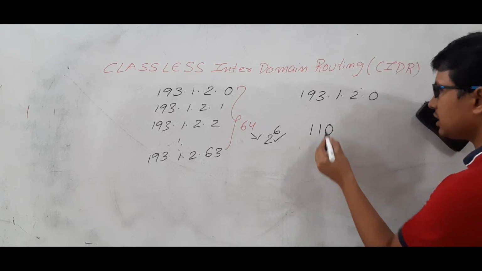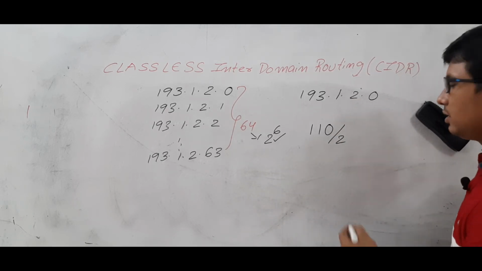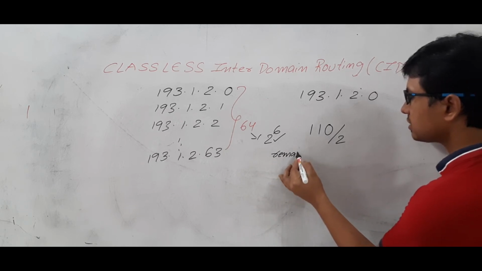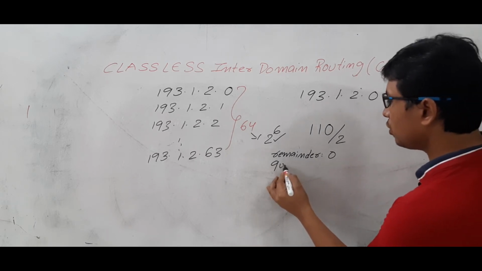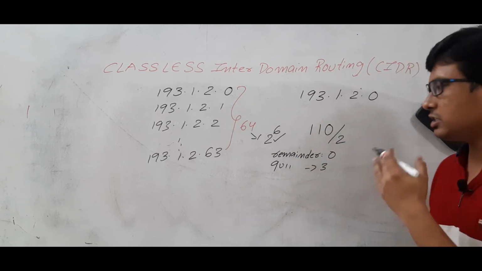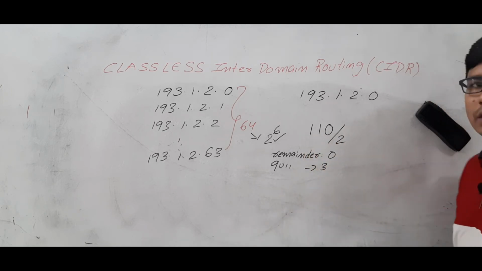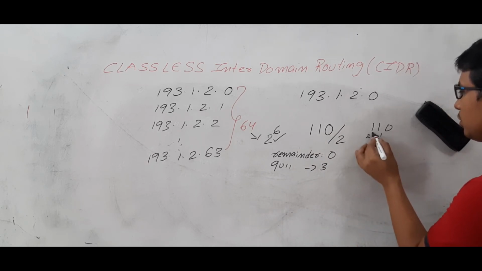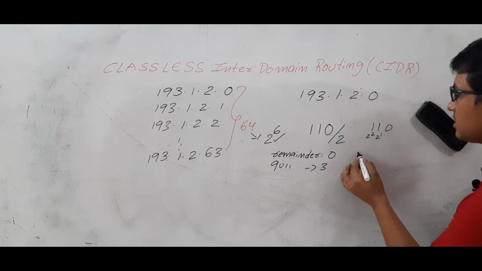If you take 110 and divide by 2, you will get the remainder 0 and the quotient 3. If you want to verify, you can. I said this without converting it into a decimal number. How? Convert 110 into decimal: this is 2 power 2 plus 2 power 1, which is nothing but 6.